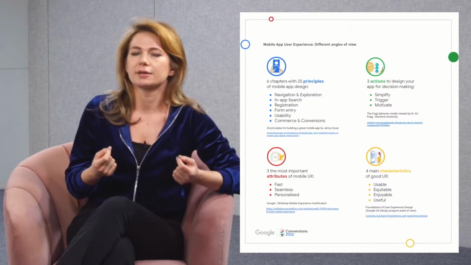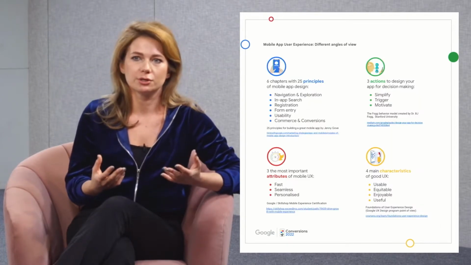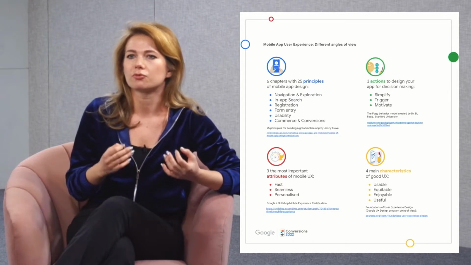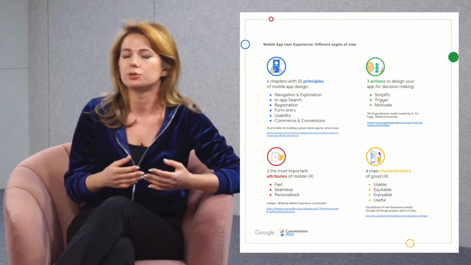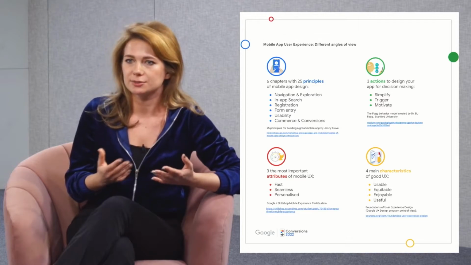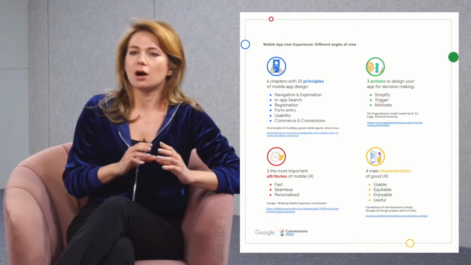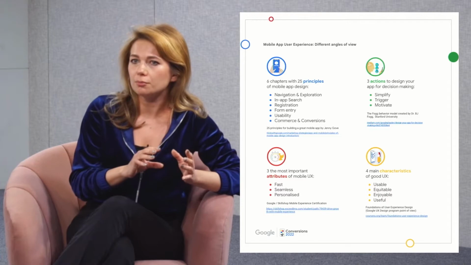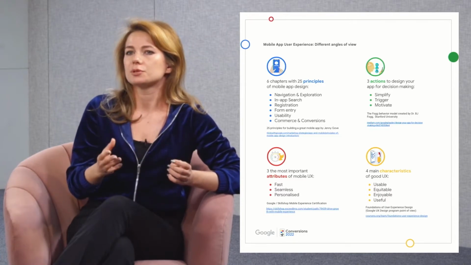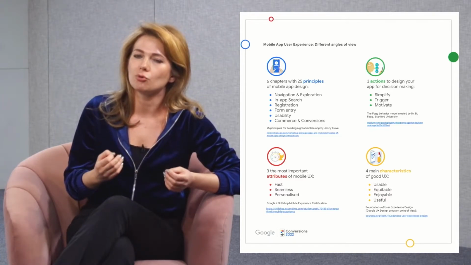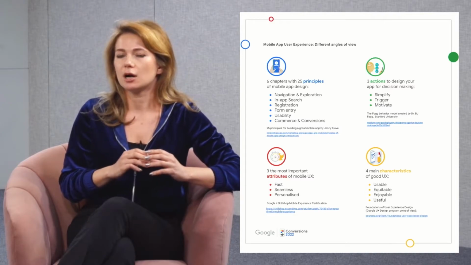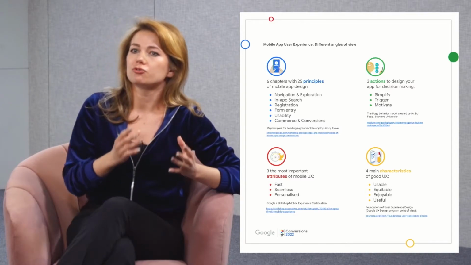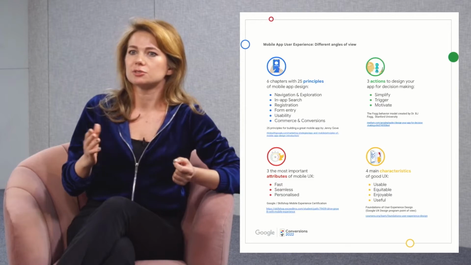So what are the key things that we need to learn here? I'm sharing with you these 4 frameworks from Google that you can use when you are developing app UX. Some of these things are specific to the platform, right? So for example, the 25 principles of mobile app design by Jenny Gove. Some of these principles are more general for devices, like the framework Fast, Seamless, Personalized.